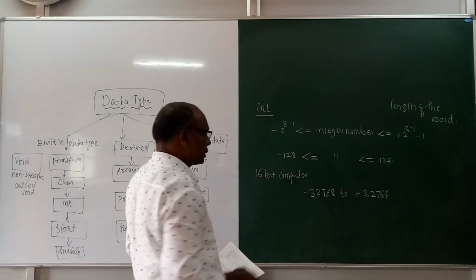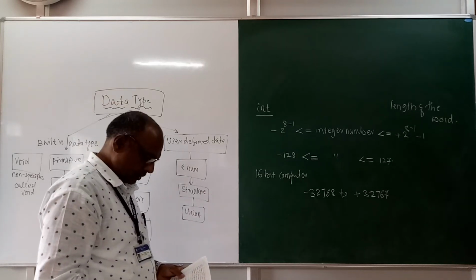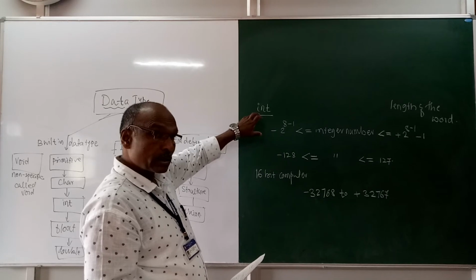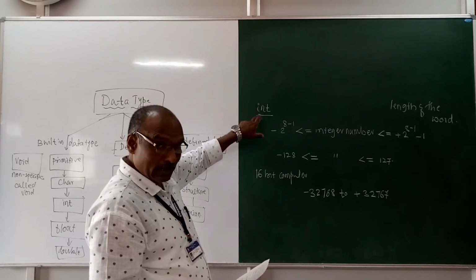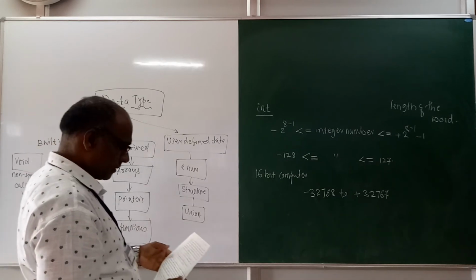We can go for 32, 64 and so on. So this is about the data type. It is a primitive data type or built-in data type, that is integer here.